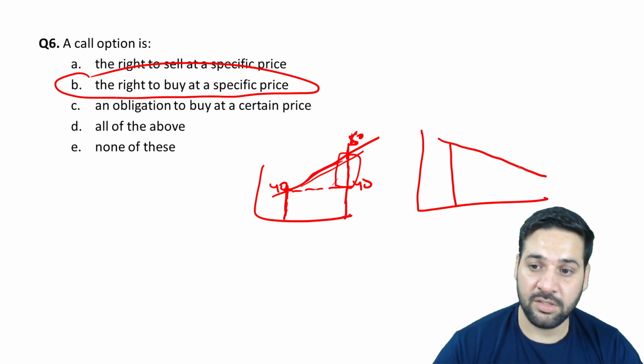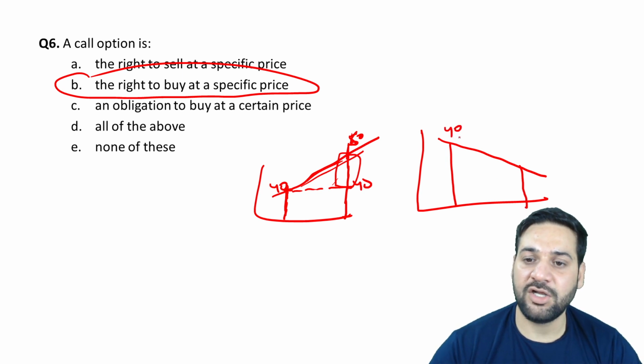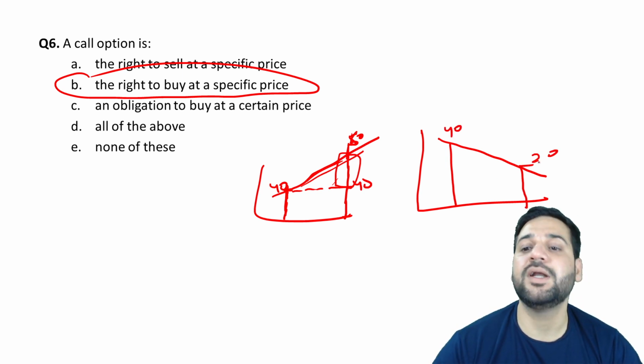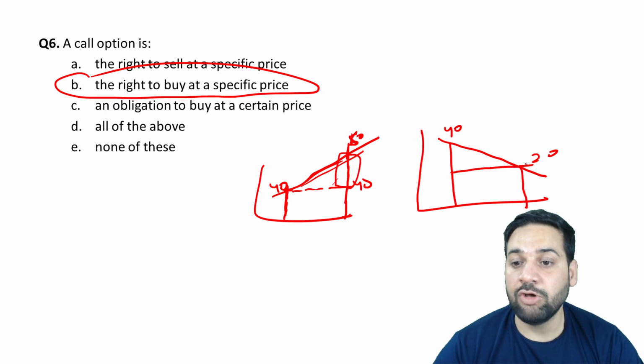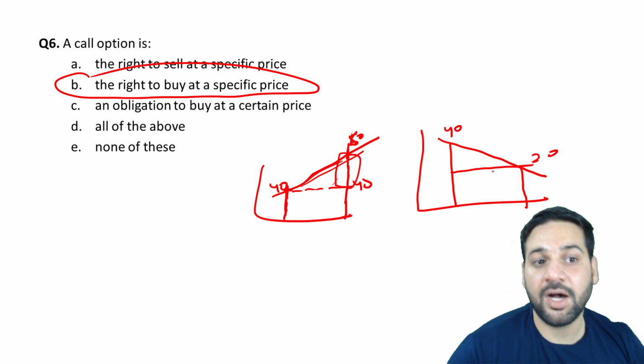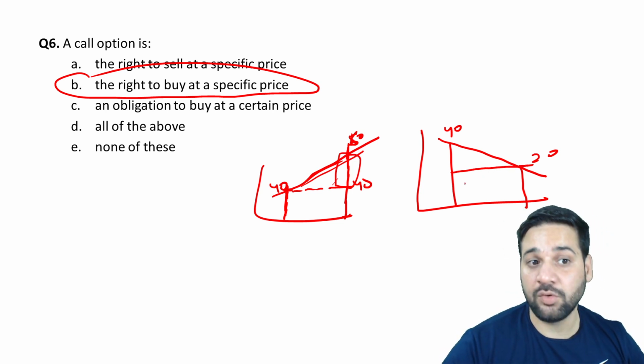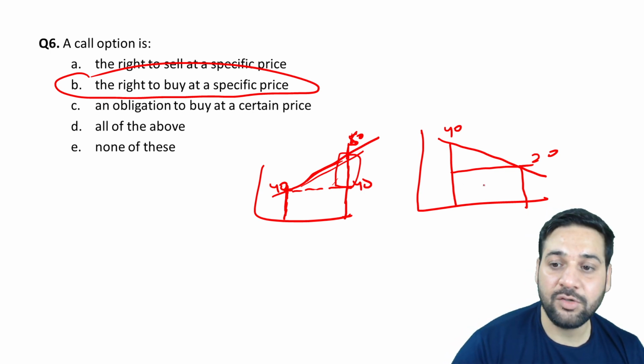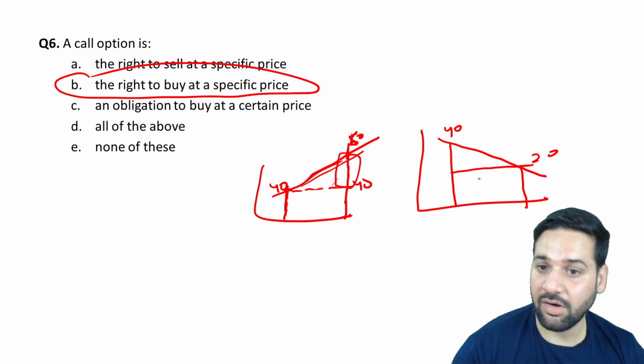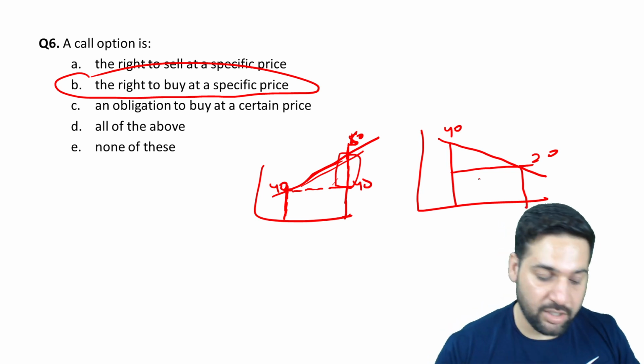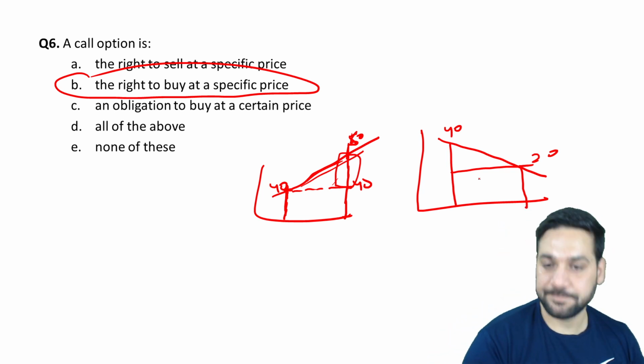In the put option, you are assuming that right now it is 40 rupees and in the future it is going to be 20 rupees. So you are borrowing the share and you are buying a right to sell. You got a right to sell. According to you, that's how you would make the money.